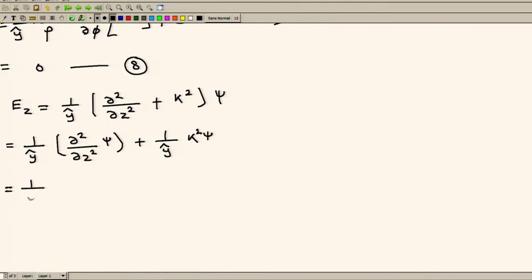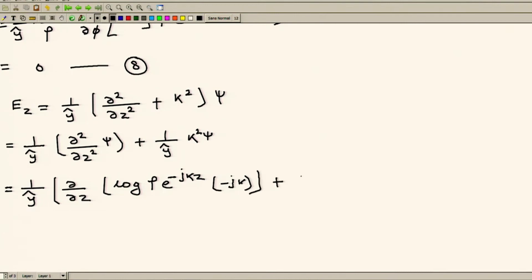So, again 1 upon y cap. On first differentiation we will get del z of log of rho e to the power minus j k z minus of j k plus 1 upon y cap k square psi.